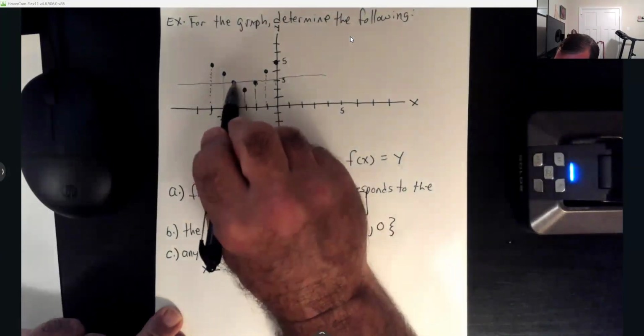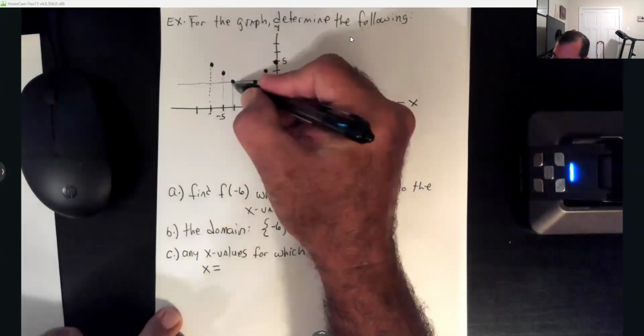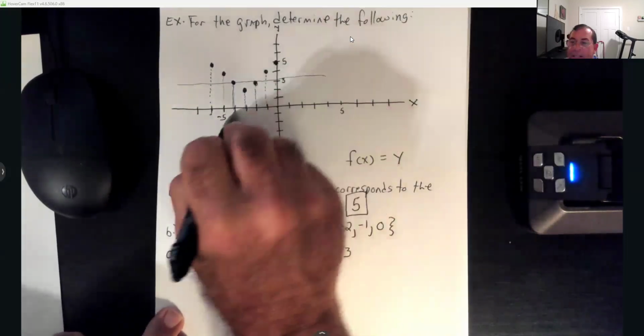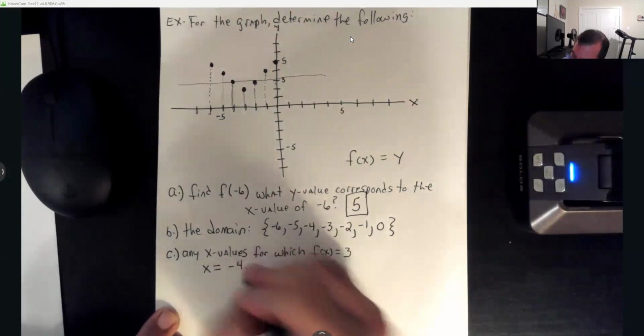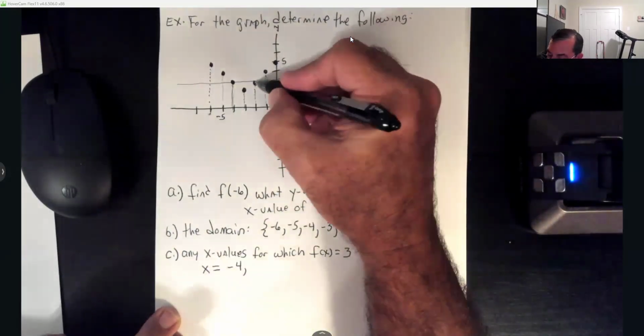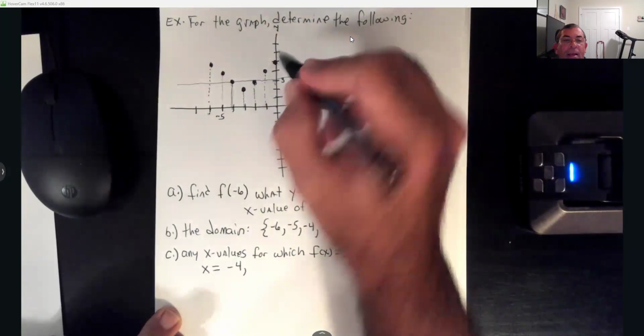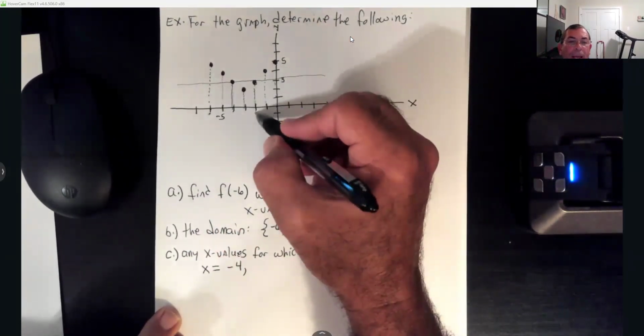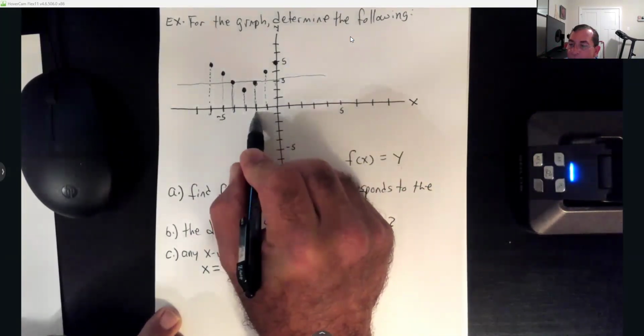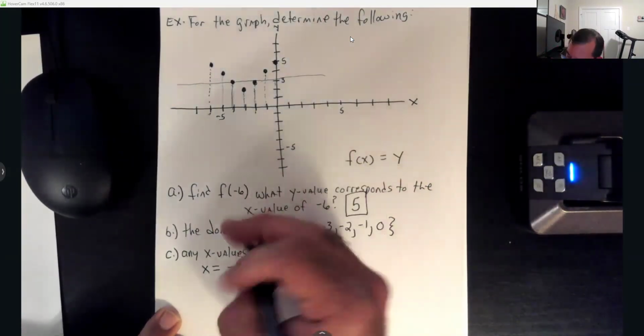So this point right here had a y value of 3. So coming straight down, that x value was a -4. And then this point right here to the right of the V, it has a y value of 3. So coming straight down, that has an x value of -2.